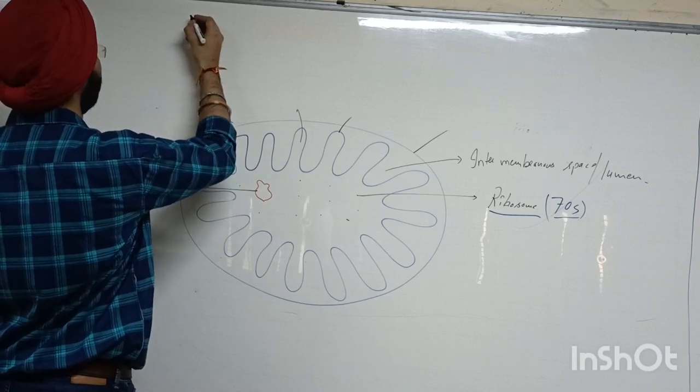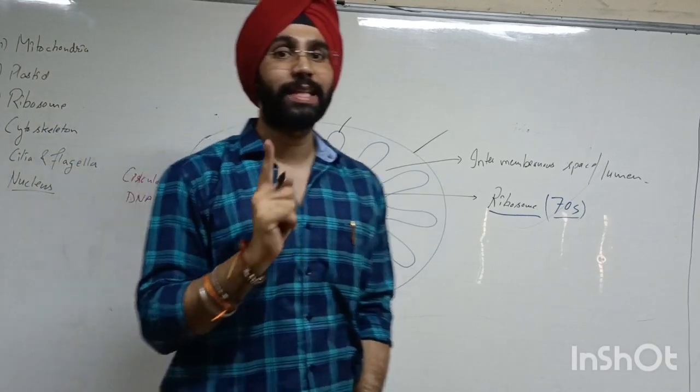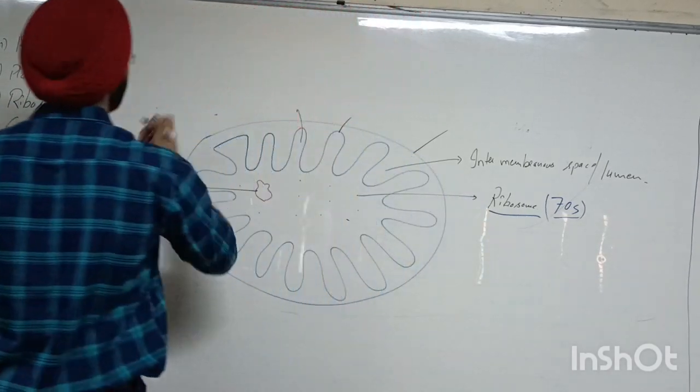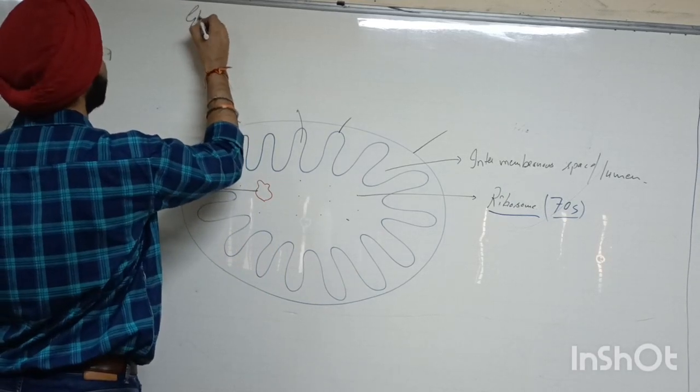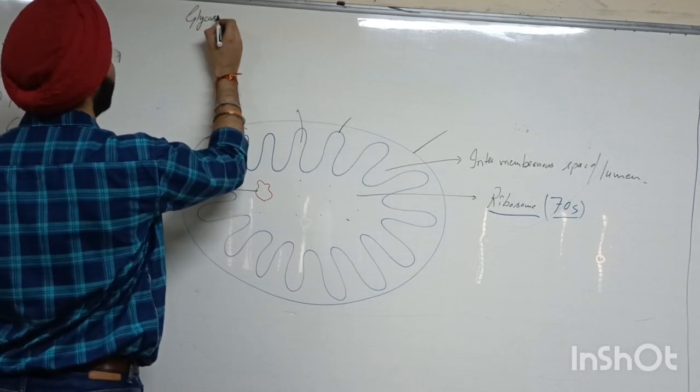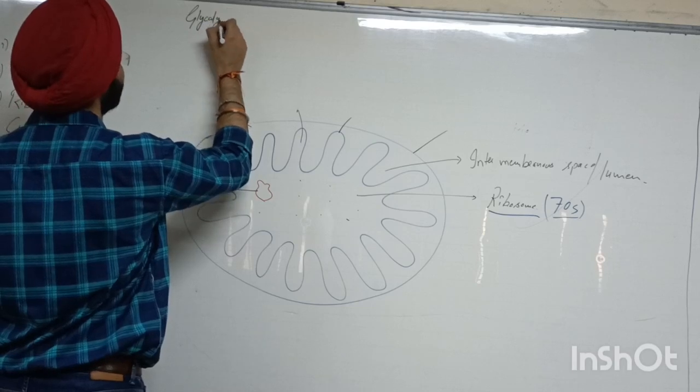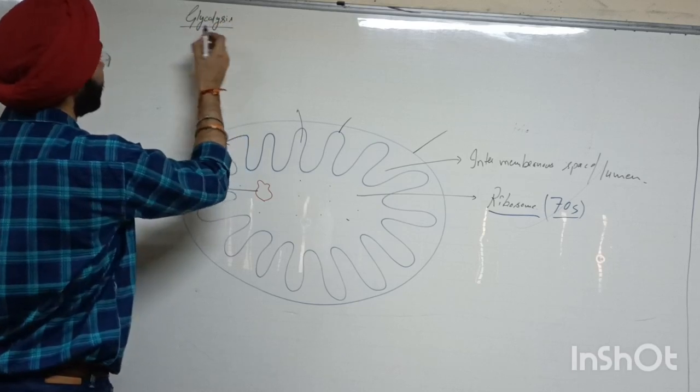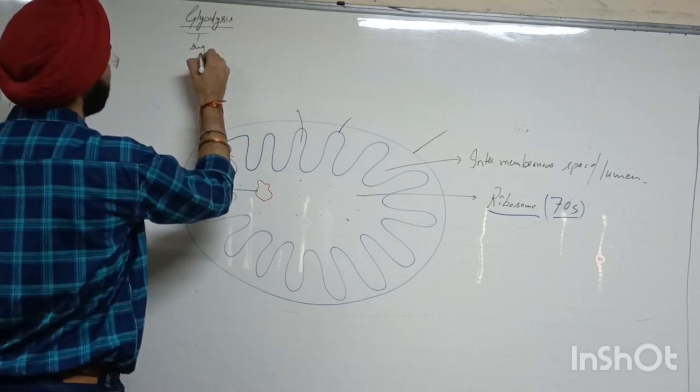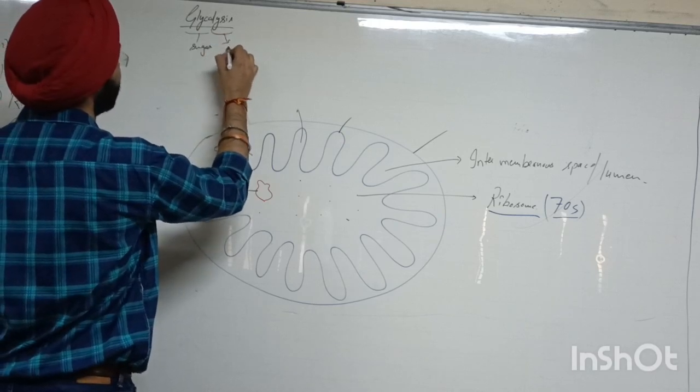So actually, there's one cycle called glycolysis. Glycolysis, as the name suggests, glyco means sugar and lysis means splitting.